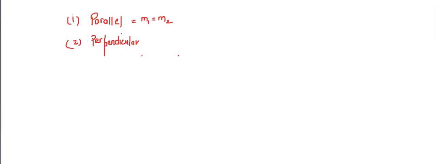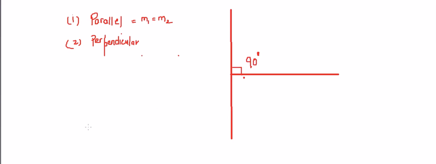So if two lines are perpendicular to each other, so this is one line and this is the second line. When they are perpendicular to each other, they make 90 degrees. Same, we need to use that formula, tan theta equals (m1 minus m2) over (1 plus m1 m2).